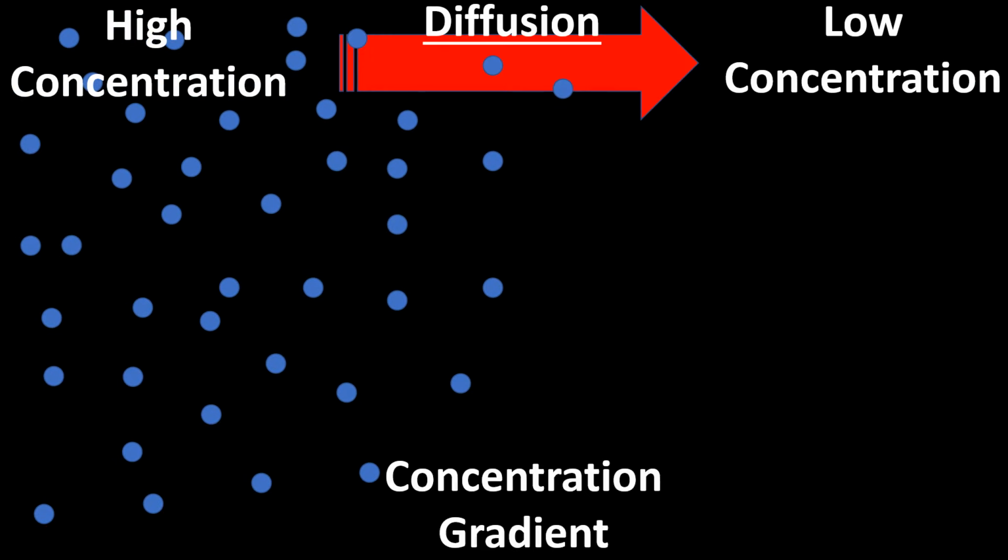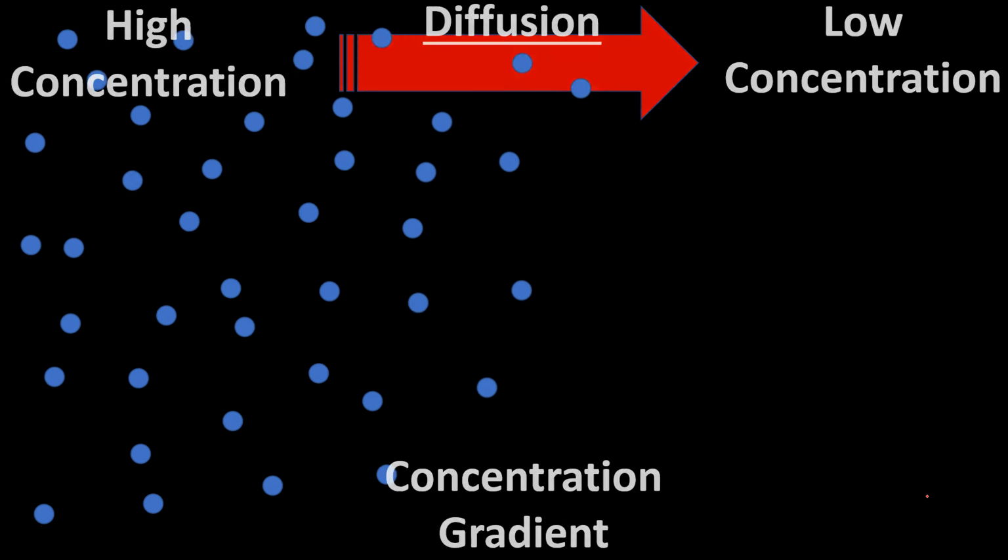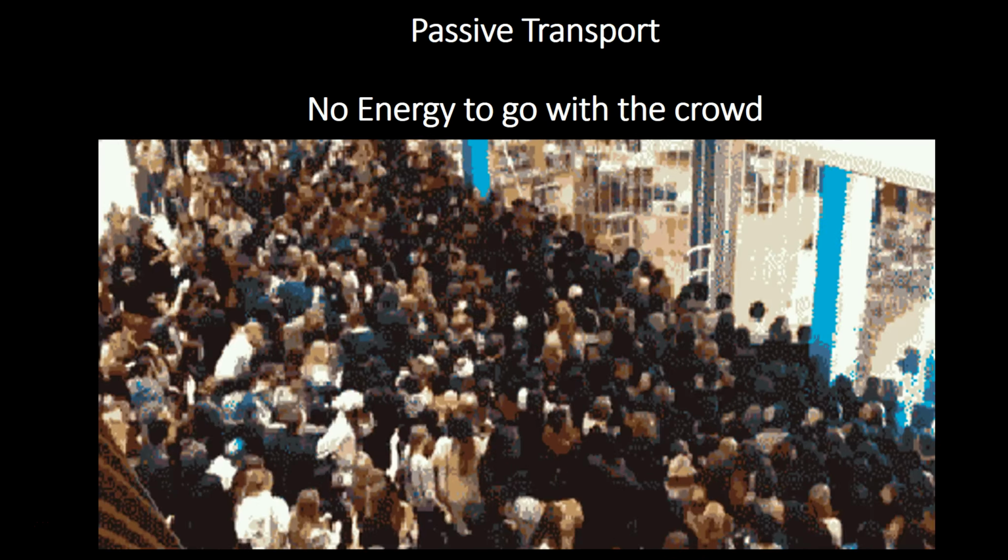This is still a concentration gradient because there's still a lot of molecules here and none over here. They're going to diffuse until there's an equal amount, or until we reach equilibrium. Anywhere in the room that I move, I would smell the same amount of Febreze as anywhere else. That's equilibrium, where there's an equal concentration.